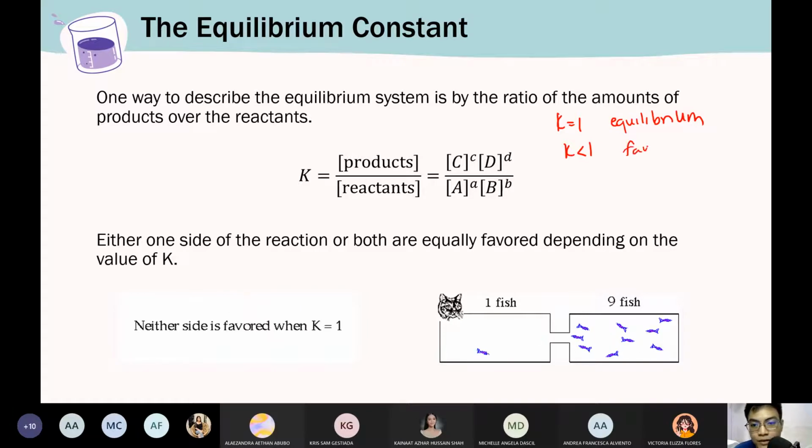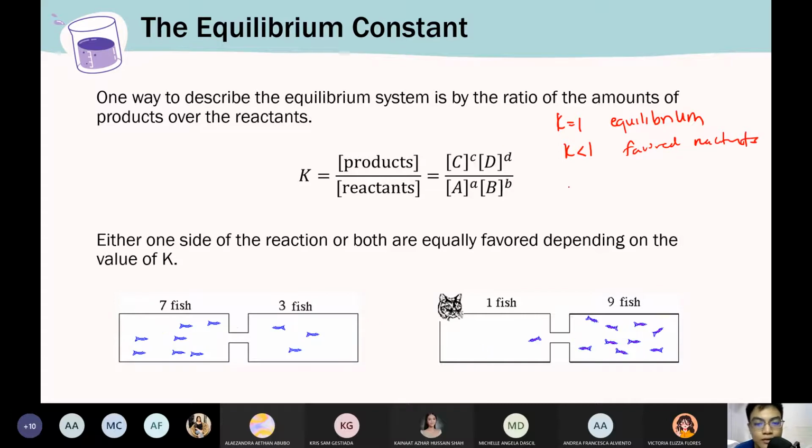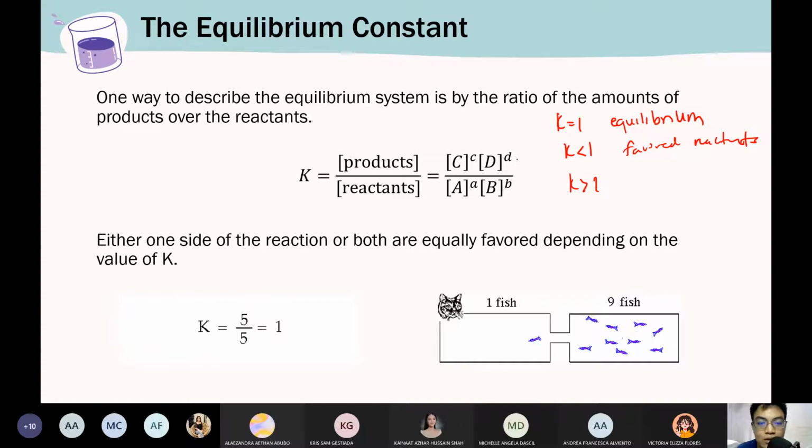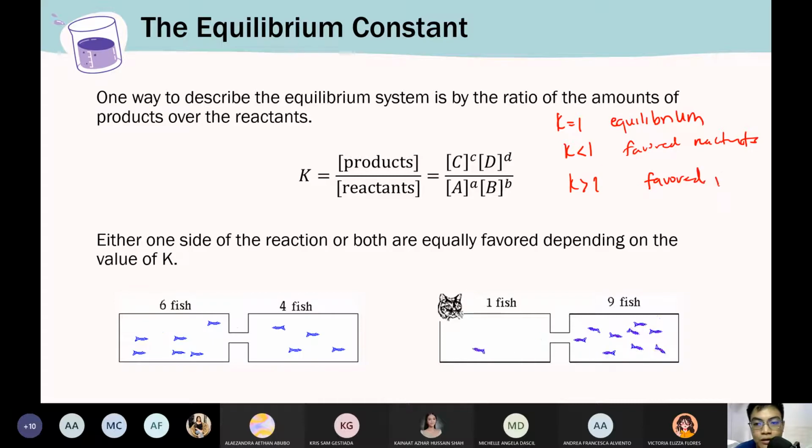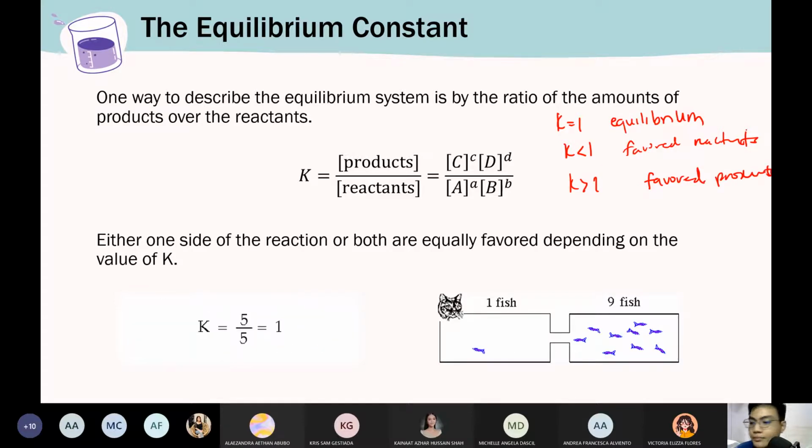If your K is greater than 1, then probably your numerator is greater than the denominator, meaning that you favor your products. So yun yung ating mga interpretation when it comes to K.